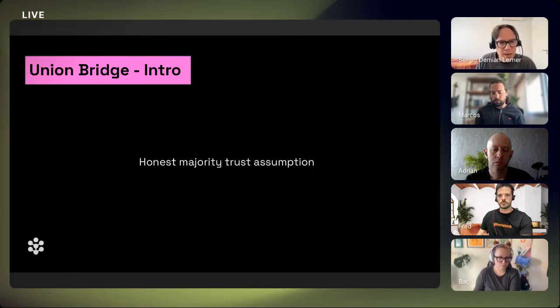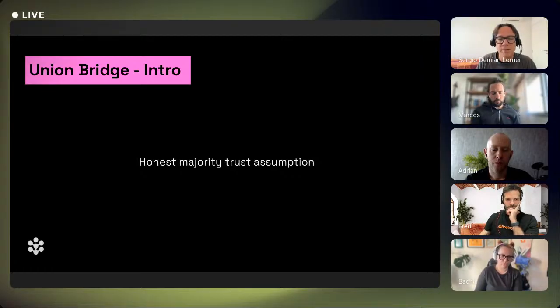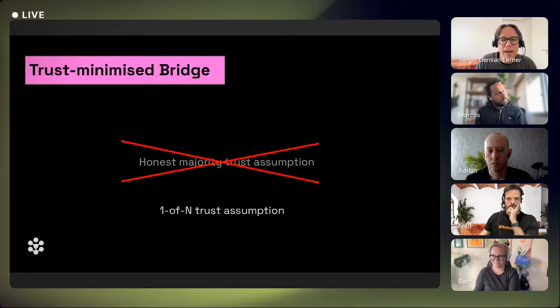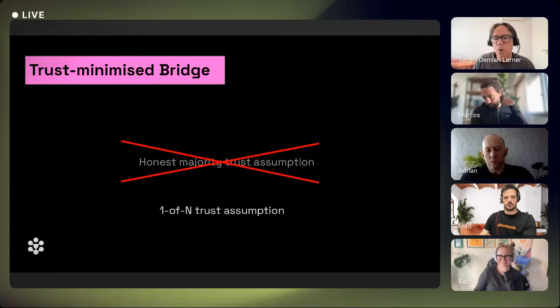So what we managed to do with this new technology is we started from the honest majority trust assumption, which is what the PowPeg relies on, and we get to the 1 of n trust assumption. This means that we only need one participant to be honest from a set of any number of participants, which are this committee.